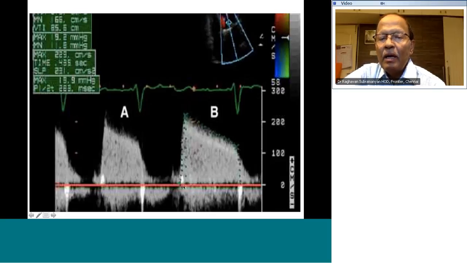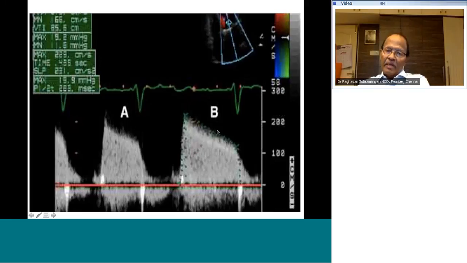To do that, you can either measure the gradient at multiple points along diastole like this and take the average, or a much simpler way is to do a planimetry and trace the area under the Doppler signal, and when you trace the area and multiply it by the scale, you get the mean gradient. So there are two ways of quantifying mitral stenosis on this tracing. One is the pressure half time, and the other is the mean diastolic gradient.